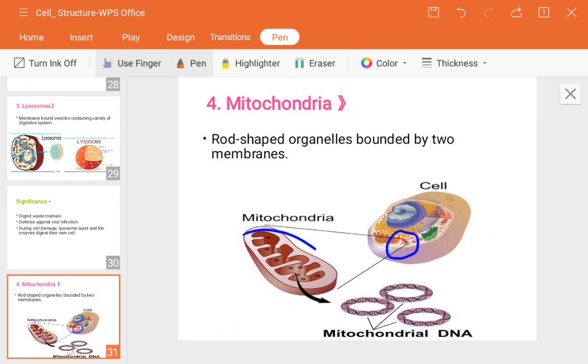The mitochondria has this membrane, and inside it has this zigzag type of structure. Inside it consists of a lot of matrix, which is nothing but a cytoplasm-like solution. That cytoplasm-like fluid substance present in the mitochondria is called a matrix. Inside the matrix lots of projection-like structures are present.